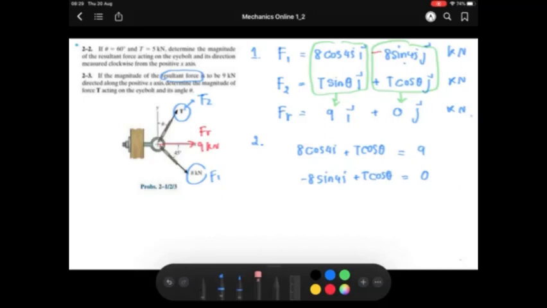I'm sorry, my mistake, this one should be sin. This is the first equation and this is the second equation. Two equations, two unknowns. So you should be able to find the answer from this.